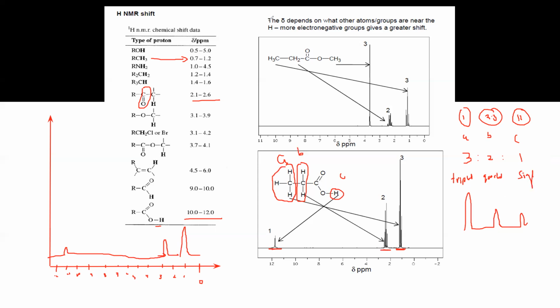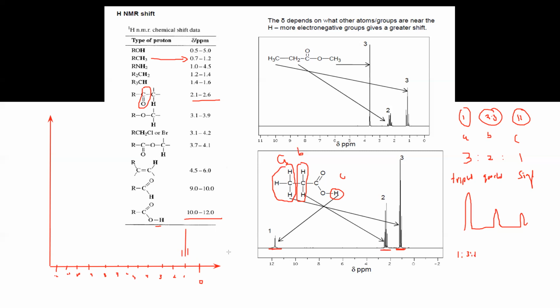So I'll get a triplet. What is a triplet? A triplet is 1 3 1. I will draw 3 peaks around the same chemical shift, with relative intensity 1 3 1, around 1.